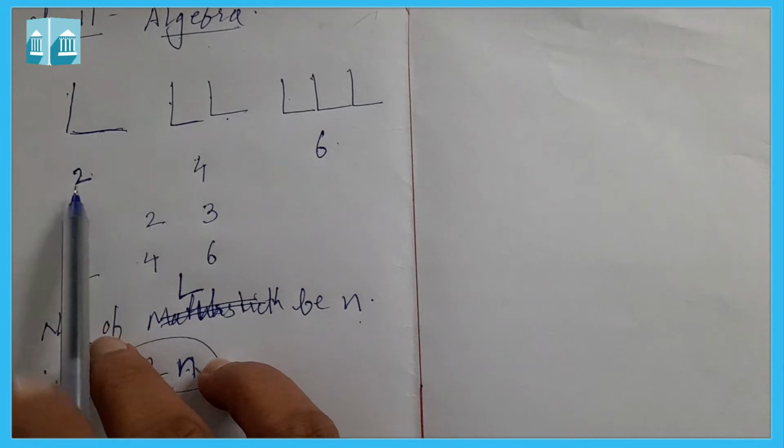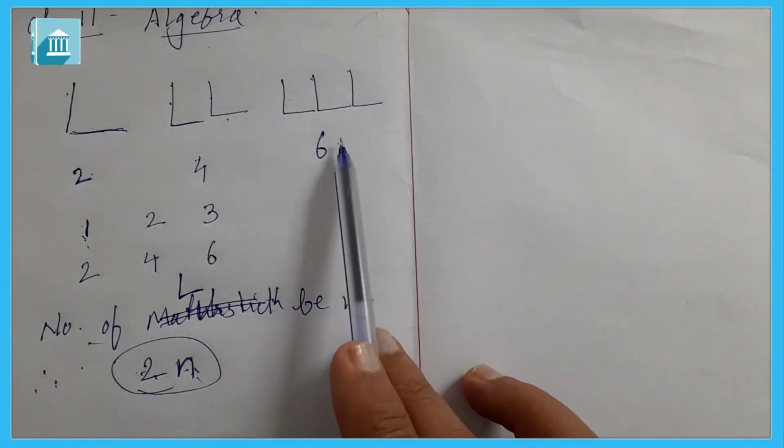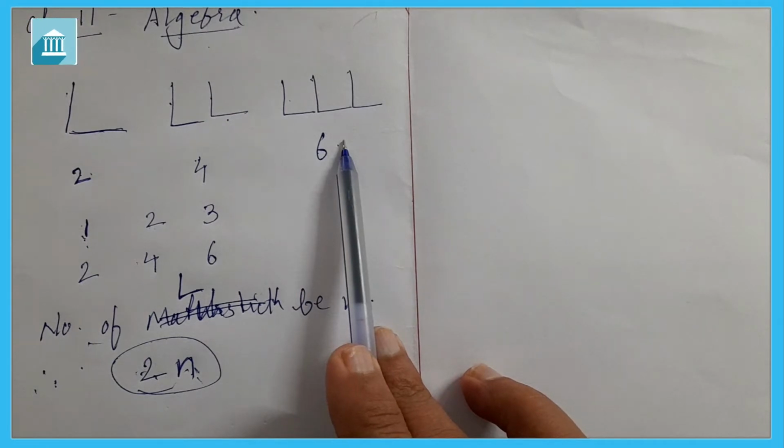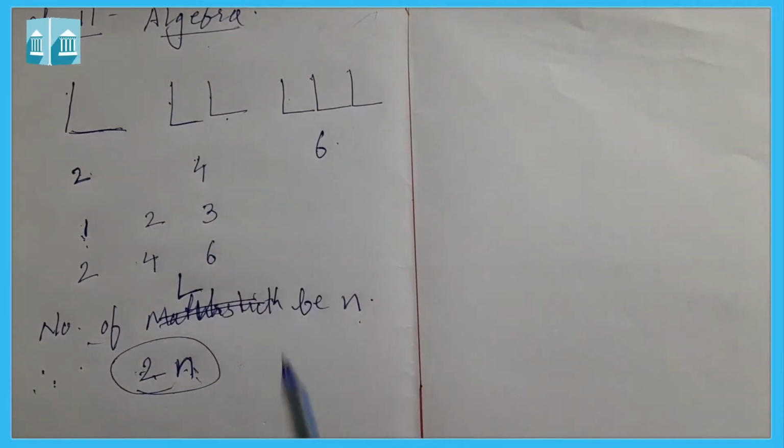यहाँ पे एक L बनाने के लिए हमें 2 चाहिए, 2L बनाने के लिए 4 चाहिए, 3L बनाने के लिए 6 चाहिए. ठीक है. अगर इसी तरह से मैं बोलूँ कि अगर हमें 100L बनाने हैं तो कितने चाहिए, तो it will take long time to make 100L with the sticks.